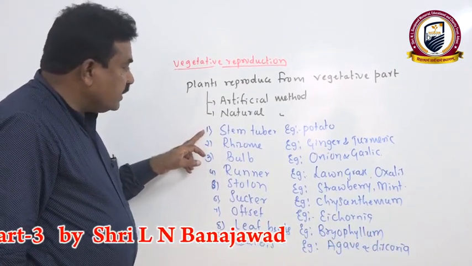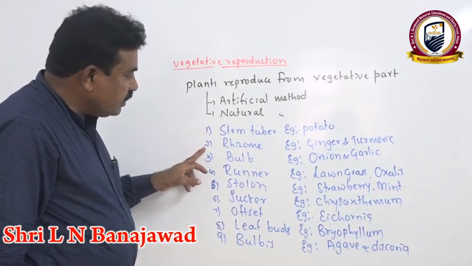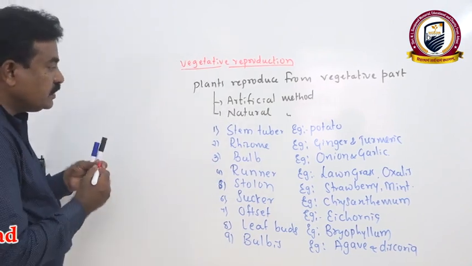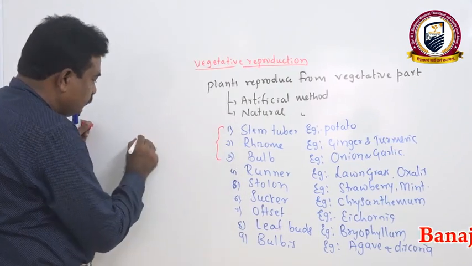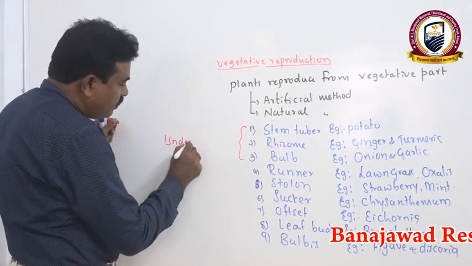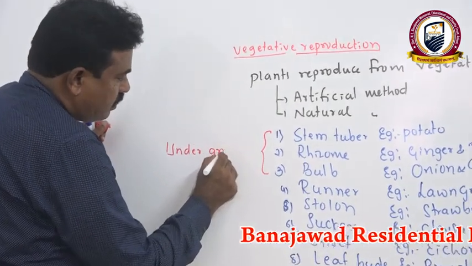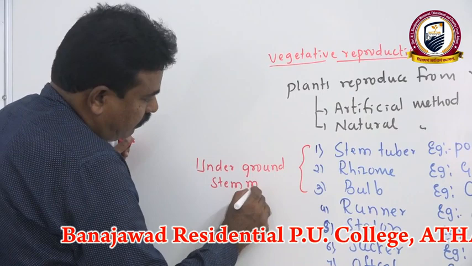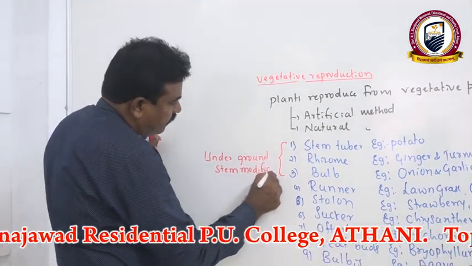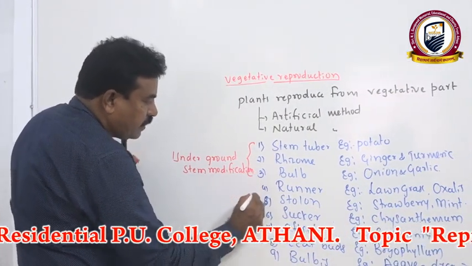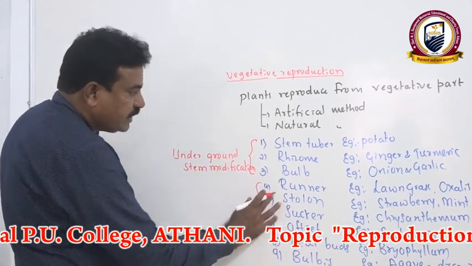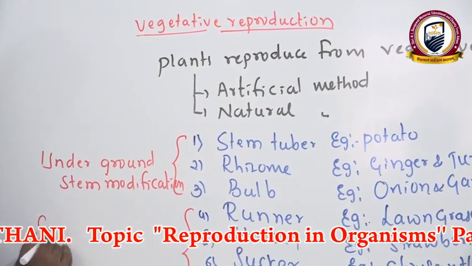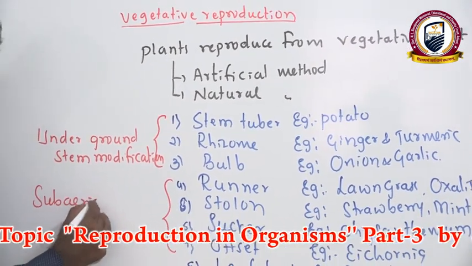But the first three, that is stem tuber, rhizome and bulb, are underground stem modifications. Then the next four, that is runner, stolon, sucker, offset, are subaerial stem modifications.